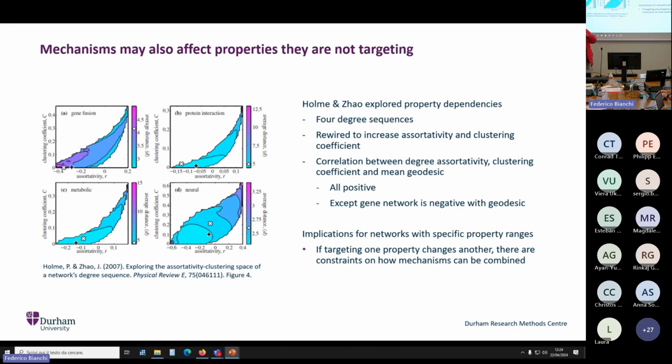They were exploring the property space. They started with the degree sequence, rewired so as to increase assortativity, rewired so as to increase clustering coefficient, and looked at the way that the two properties were related. They also found that those two were positively correlated, and negatively correlated with geodesic, except for one of the networks.